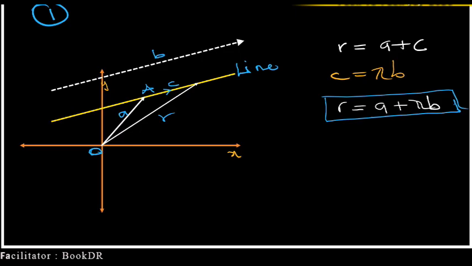However, this equation is also applicable for a 3D space, a three-dimensional space. So the vector equation of a given line which passes through a known point A and is parallel to a given vector B is given by R equal to the position vector of A plus lambda multiplying the parallel vector B.